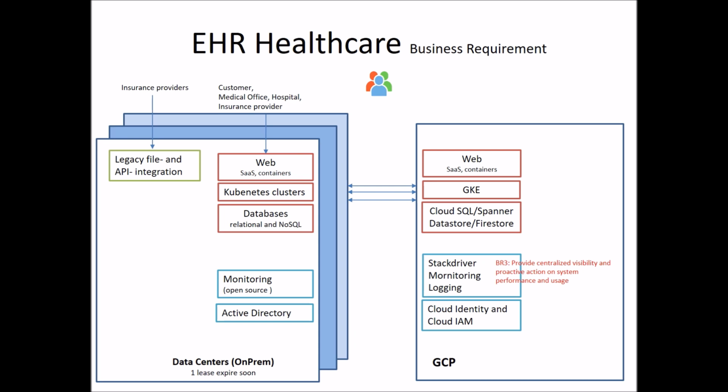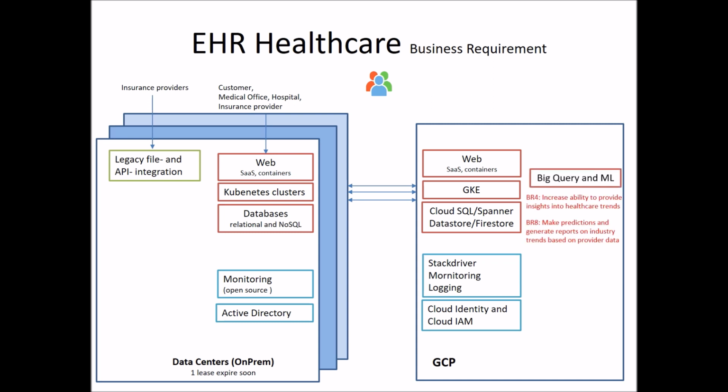Business requirement 3 provides centralized visibility and proactive action on system performance and usage. This refers to the Stackdriver monitoring and logging products from Google. 4 and 8 increase the ability to provide insight into healthcare trends, make predictions, and generate reports. This refers to BigQuery and the use of machine learning. 6.